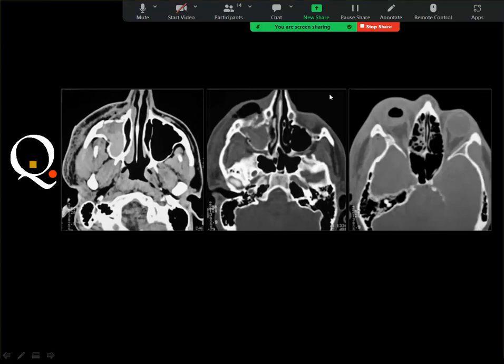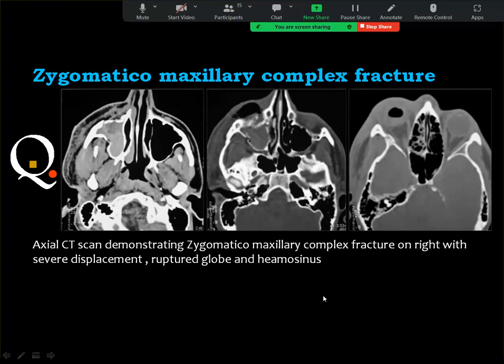In this particular case, it's easy to appreciate that there is a maxillofacial fracture on the right side, and this fracture involves the anterior wall of the maxillary sinus, the posterolateral wall of the sinus, the zygomatic arch, and the lateral orbital wall, all the components of a zygomatico-maxillary complex fracture.